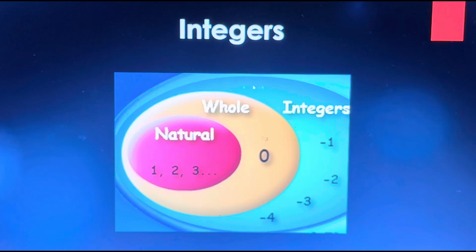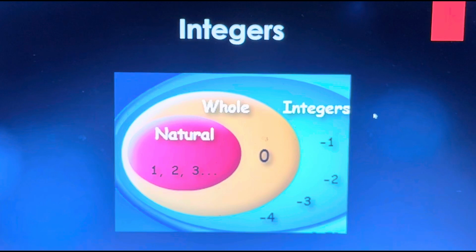So you can see that this is a bigger circle. In that, whole numbers and natural numbers are included. So you can understand that all natural numbers are integers, all whole numbers are also integers. But it is not true the other way round.